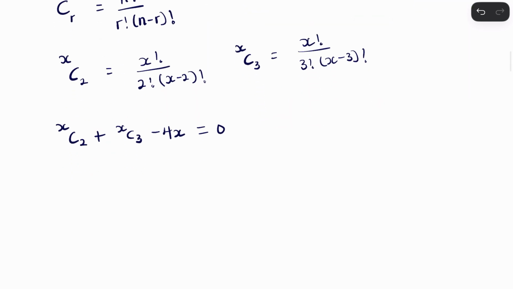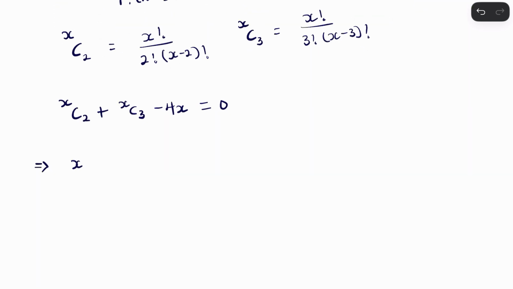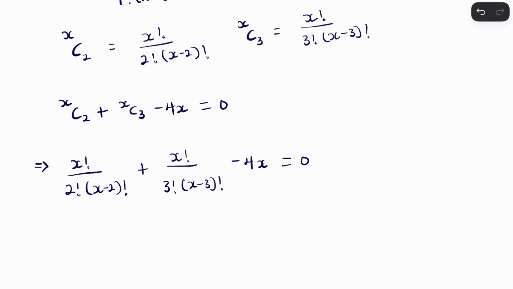Thus, we are going to have x factorial divided by 2 factorial, then x minus 2 all factorial, plus x factorial divided by 3 factorial, then x minus 3 factorial, minus 4x is equal to 0. And so here, our goal is to simplify this expression, right?